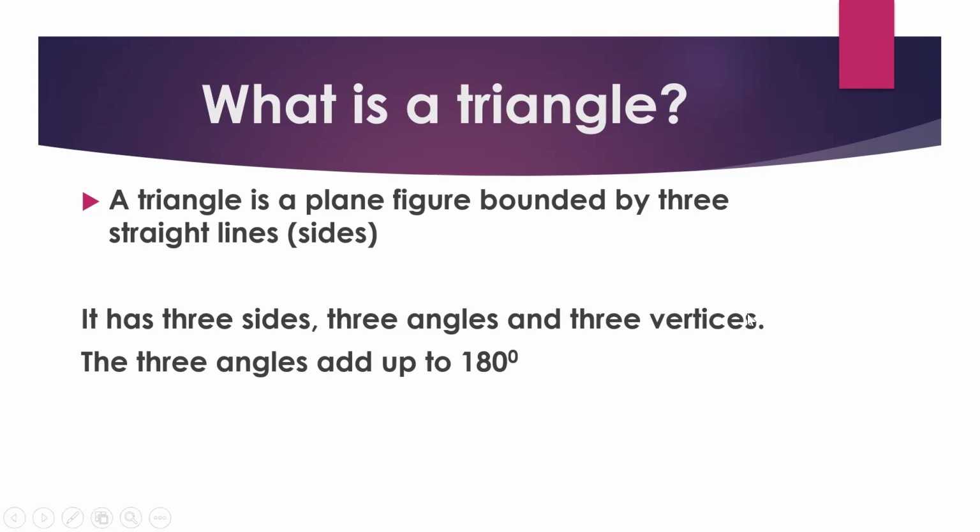However, a triangle has three of those points, so we call them vertices. Now the three internal angles add up to give you 180 degrees. It doesn't matter what type of triangle it is, it will always give you 180 degrees.